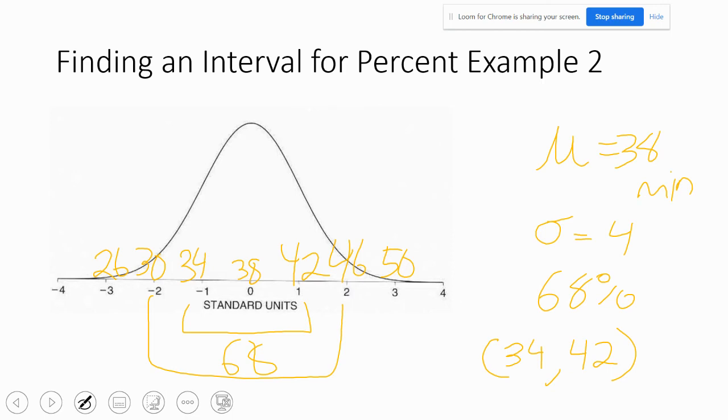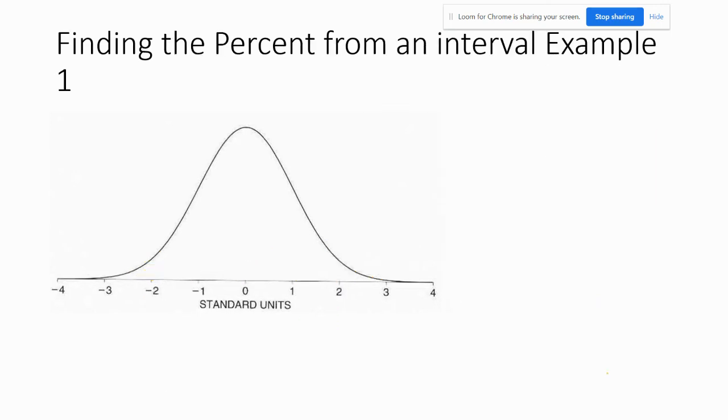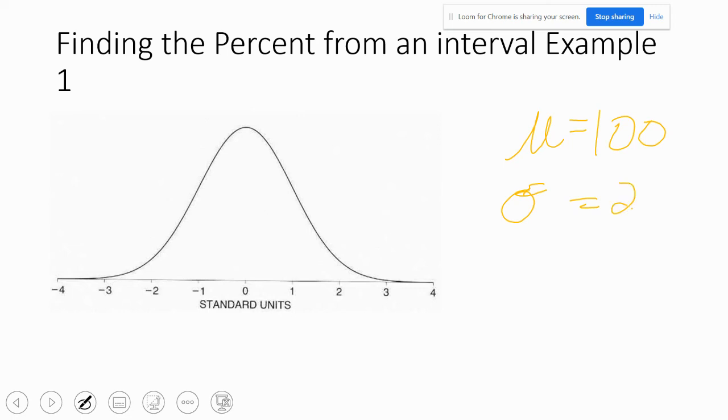Okay, let's do a problem a little different this time. This time starting with the percentage. So we want to know what percent it would be if we already know that our mean is 100, our standard deviation is 20, and we have an interval of 60 to 140.